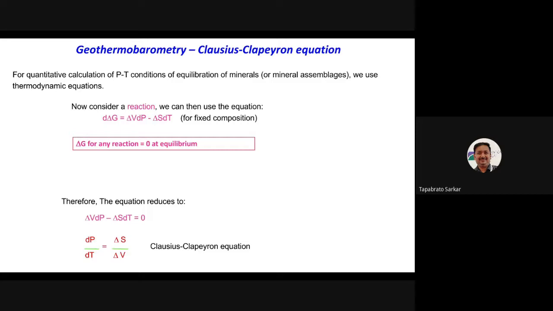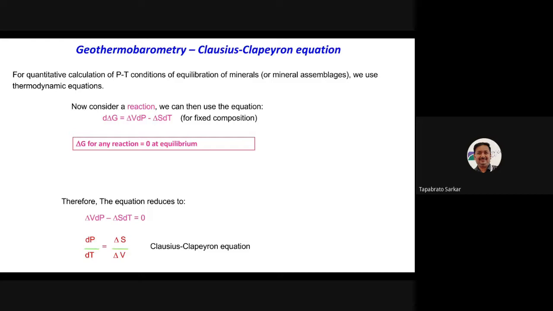Okay, so we come to another concept, which is called the Clausius-Clapeyron equation, which also can be derived from the basic principles of thermodynamics. But as we are not getting into the details of thermodynamics, due to the lack of time, and because in this online mode it's very difficult to give the concept, I'm giving you only the resultant product and its application in geothermobarometry, which would be easier to understand.